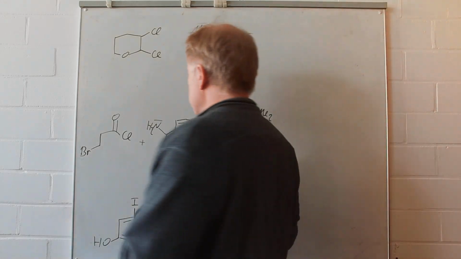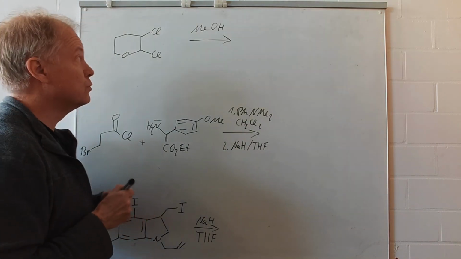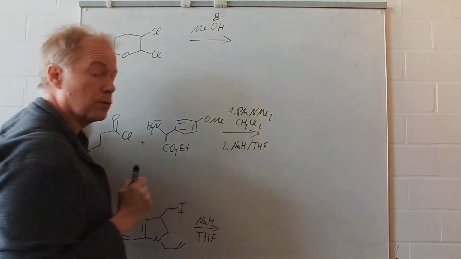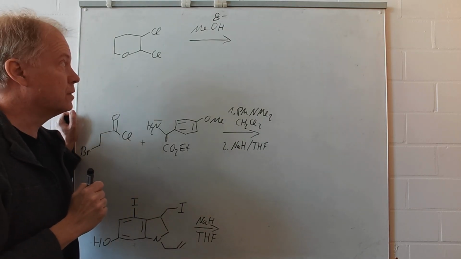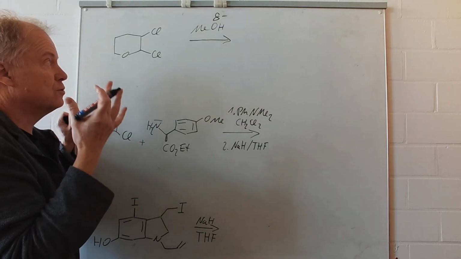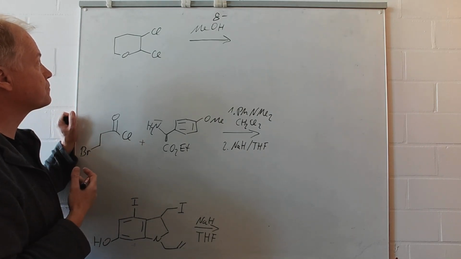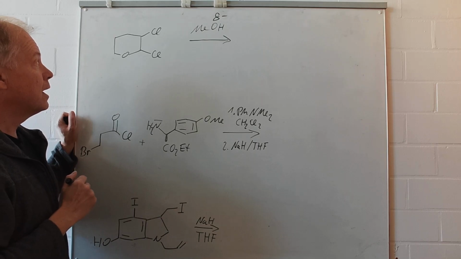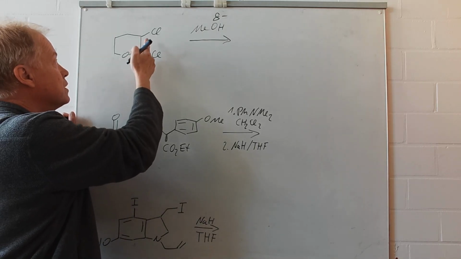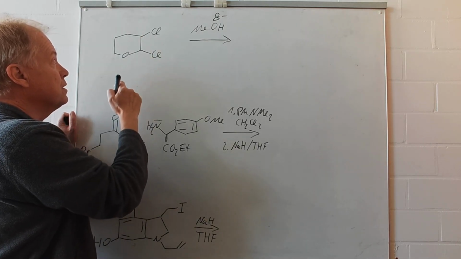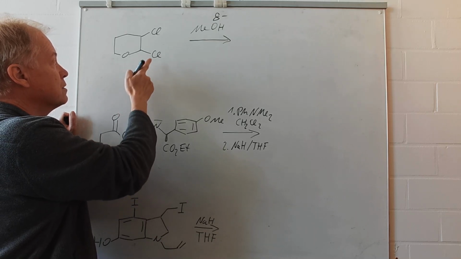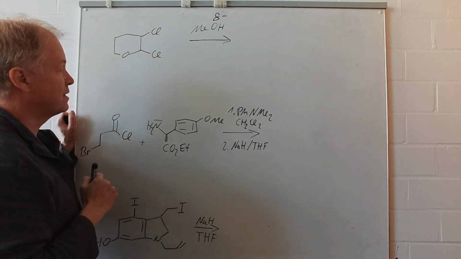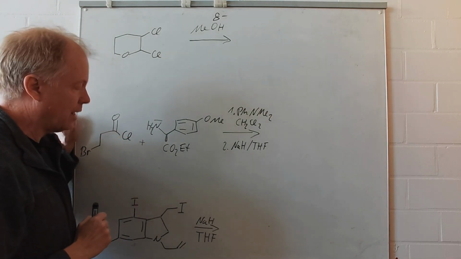Methanol is the nucleophilic reagent with the free electron pairs of the oxygen as the nucleophilic center. Then we have this dichloride, and this is a secondary chloride, also this one sitting at a secondary carbon.